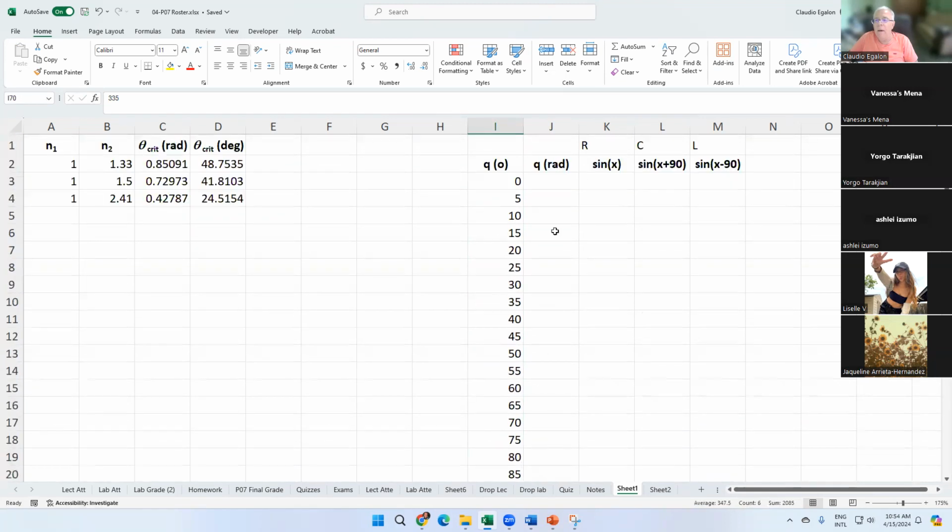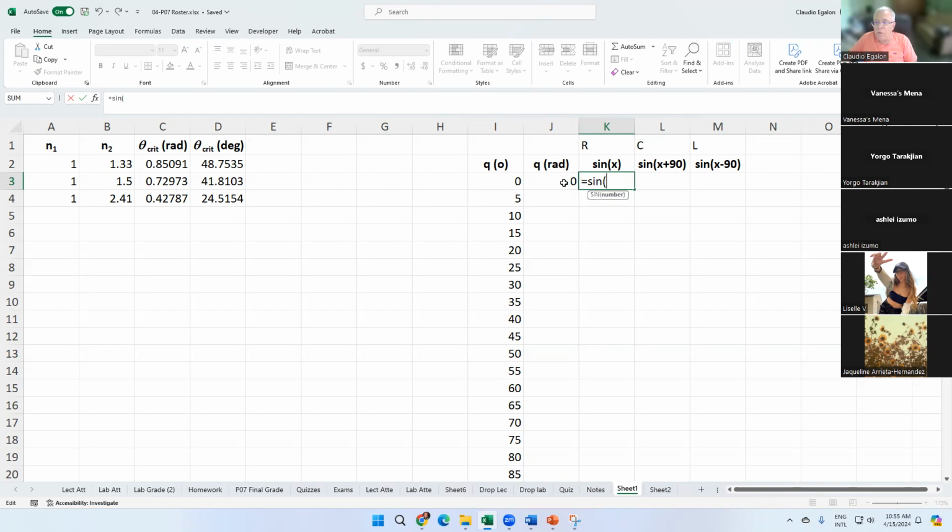Here you go, radians. And now I'm going to put sine here. I'm not putting the term that goes in front.